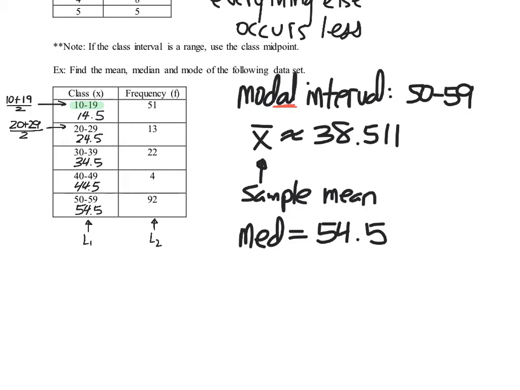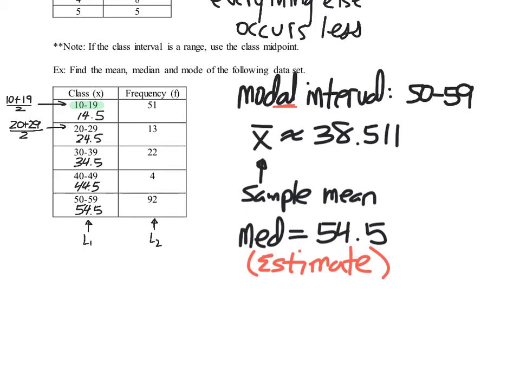Now, the median is an estimate. All right. Well, actually, everything's an estimate, but the median is more of an estimate than everything else because that's relying on these 92 values all being 54.5.